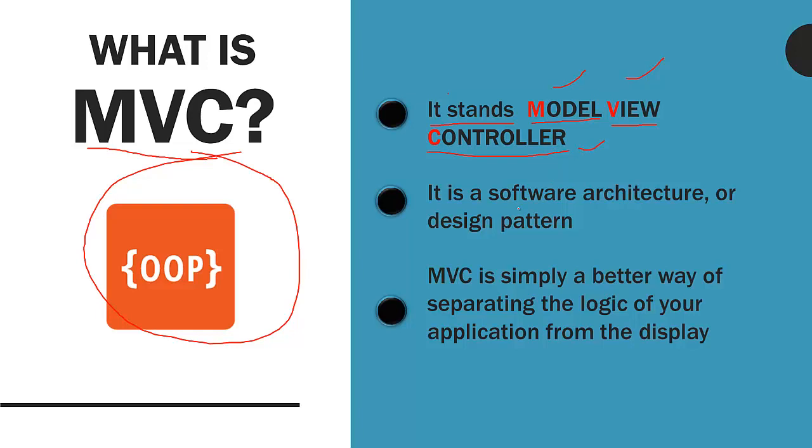So what is MVC actually? MVC is not a language or anything like that. It is just a software architecture, or you can say a design pattern to manage our files. It makes it easy to manage all our files, and it is also good for our security.